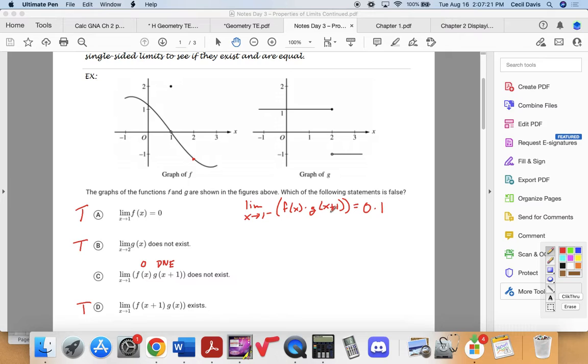So let's say 0.99. Add 1 to that, 1.99. When I'm at 1.99, what sort of g values am I getting? 1. What is this equal to? 0. What about the limit as we approach x from the right?